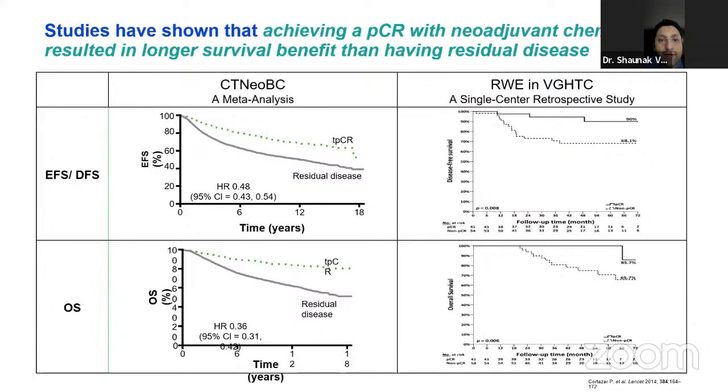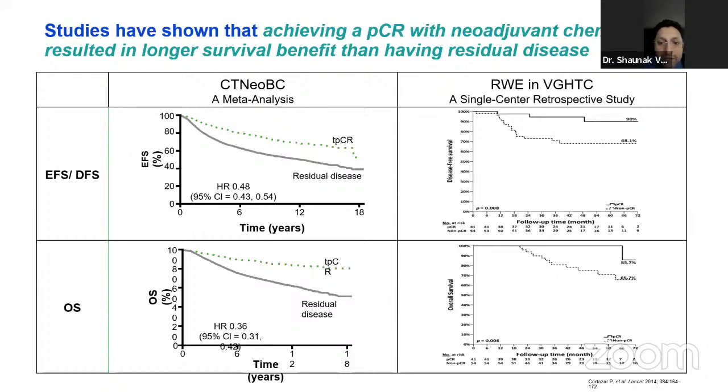So the benefit of pCR in the neoadjuvant setting is very well known both in the TNBC setting and the HER2 positive setting. We have multiple meta-analyses and retrospective studies which have shown that those that attain a pCR have an event-free survival advantage, a DFS advantage, as well as an OS advantage.